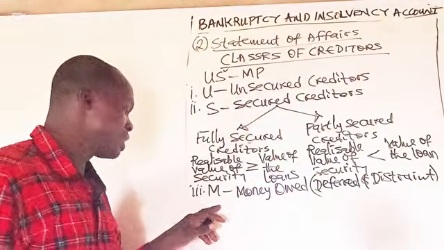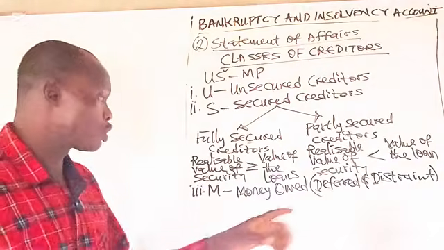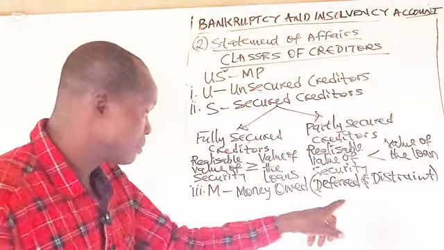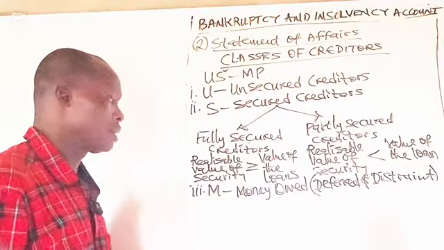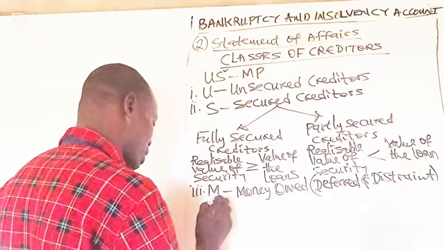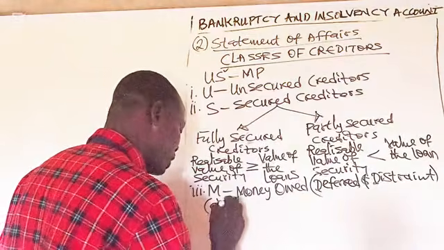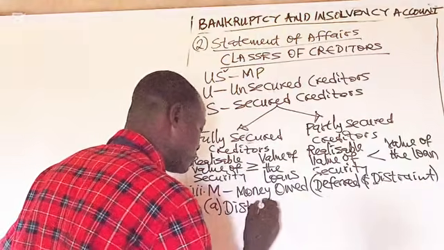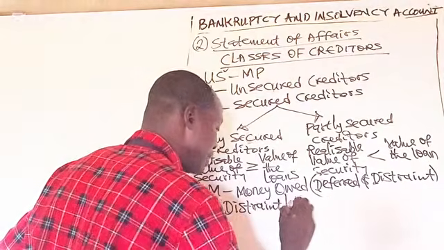Money owed will be categorized into two. We have the deferred and the distrained. So I'm starting with the distrained by rent. Let me have A, creditor distrained by rent.